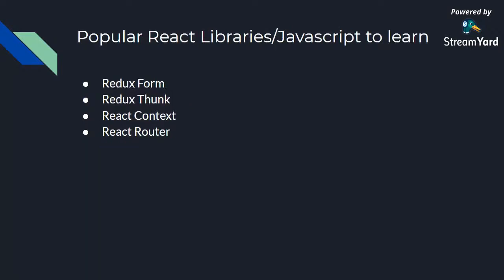Okay. The next topic is popular React libraries or JavaScript to learn. As we discussed in the last two sessions, React Redux is a package that we use to enable the Redux flow into an application.